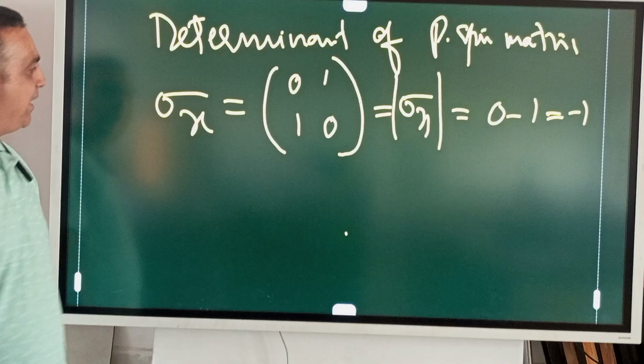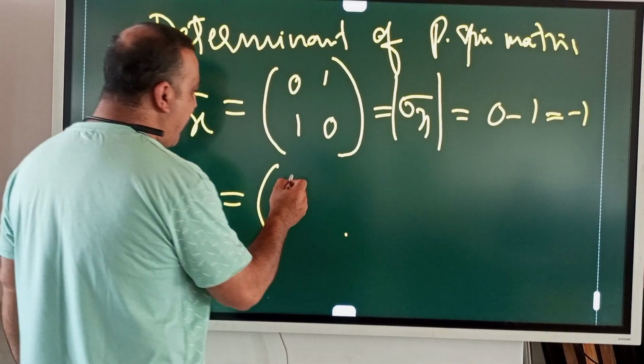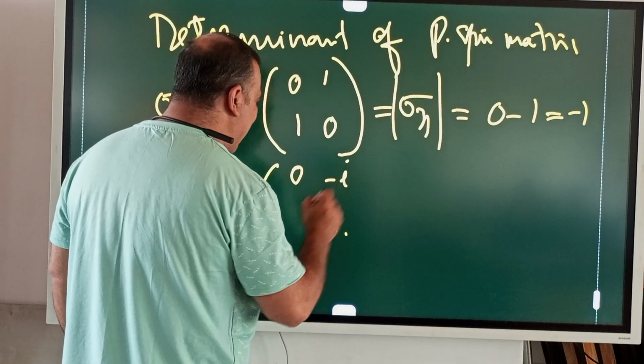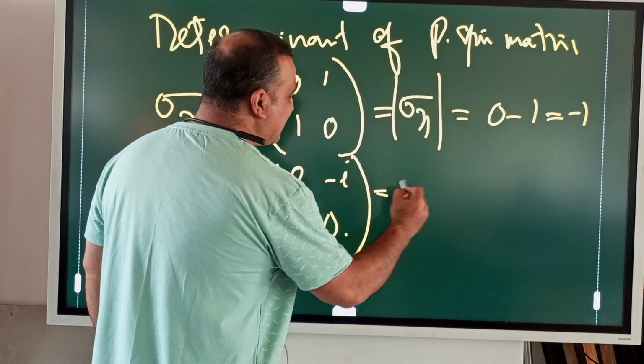Is it fine? Now looking for sigma y. What is sigma y? It is 0, minus i, i, 0. Take its determinant.